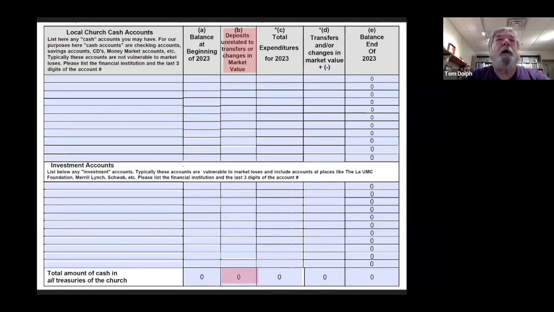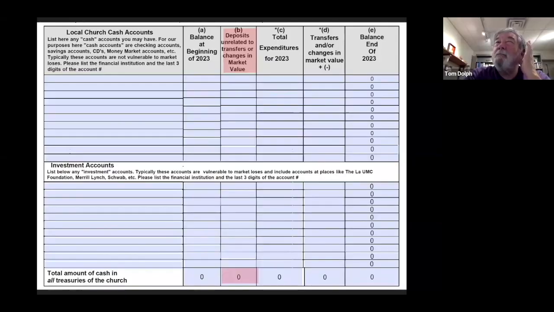This total should equal or come very close to line 55 of table 3. Table 3 is all about income.